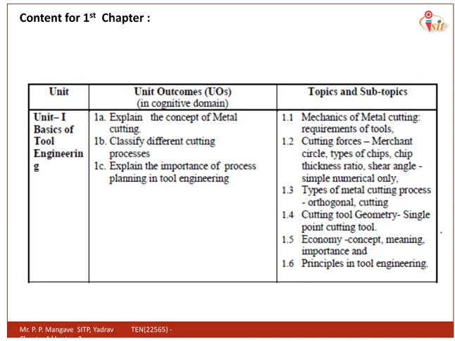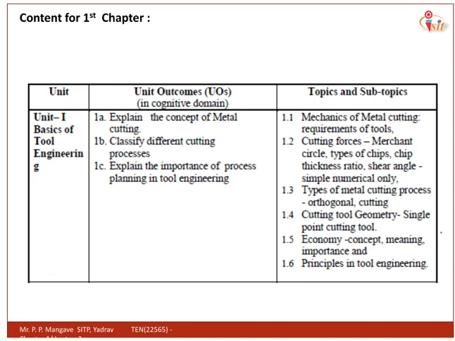Okay, so we will be overviewing the first chapter. We'll be starting here. So what are the contents of the first chapter? As you can see in the topics: mechanics of metal cutting, cutting forces, that is different types of chip, chip thickness ratio, shear angle, merchant circle.